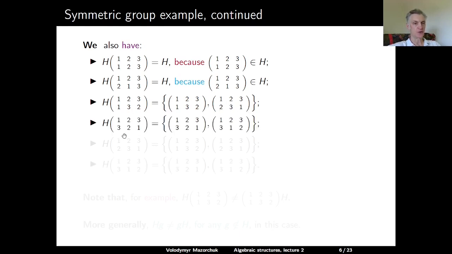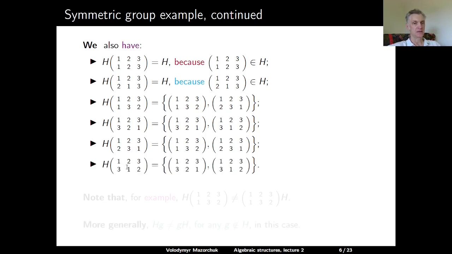The right coset for the transposition of 3 and 1 contains this transposition and the cyclic permutation of 3, 1, 2. The right coset for 2, 3, 1 contains this element and the transposition 3, 2, and the right coset for 3, 1, 2 contains 3, 1, 2 and the transposition of 3 and 1.